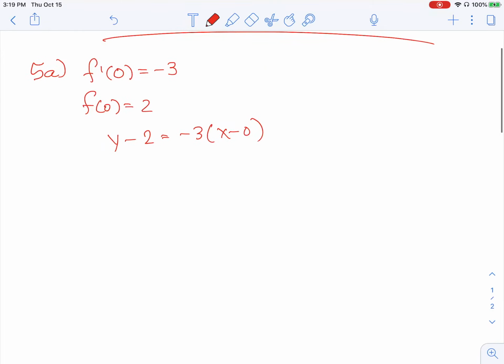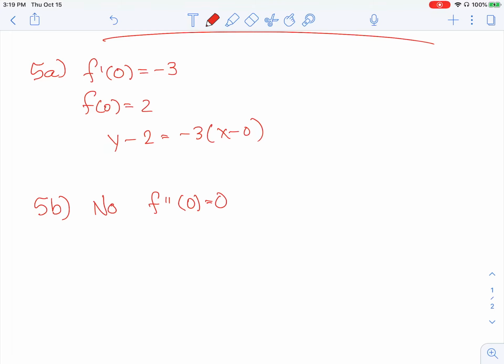Part B, so 5B is asking, is there sufficient information to determine whether or not the graph of f has a point of inflection, okay? And the answer to that is no. The only thing we know is that f double prime is equal to 0.